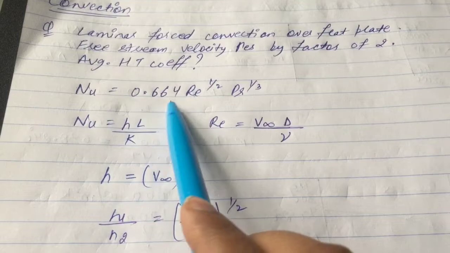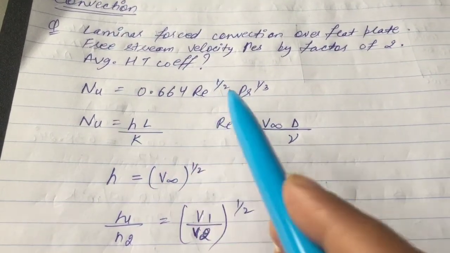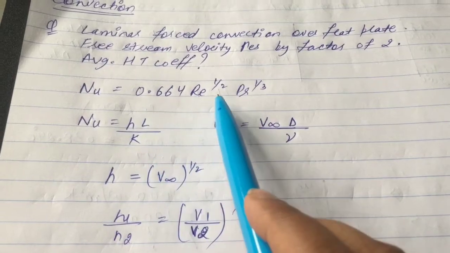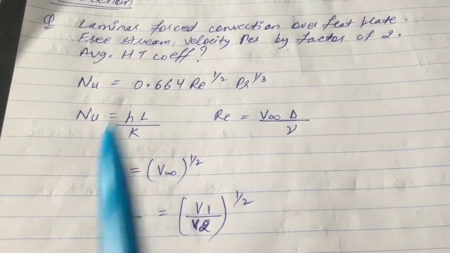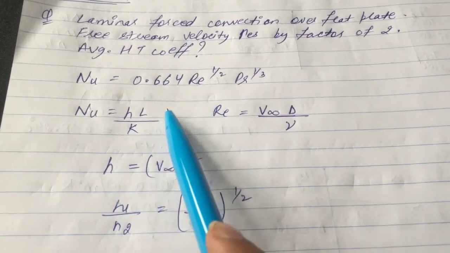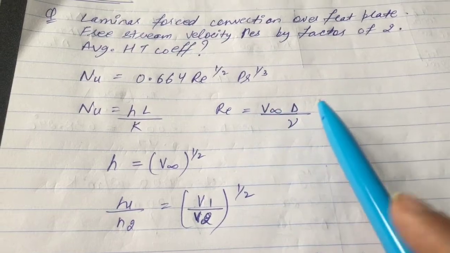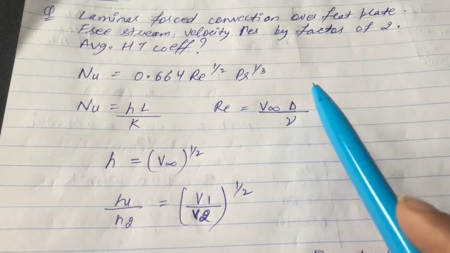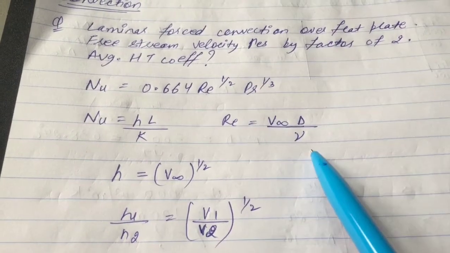We know that the Nusselt number relation for laminar flow over a flat plate is 0.664 Reynolds number to the power 1/2 and Prandtl number to the power 1/3. Nusselt number is equal to hL by k, and Reynolds number is velocity times dimension upon viscosity.